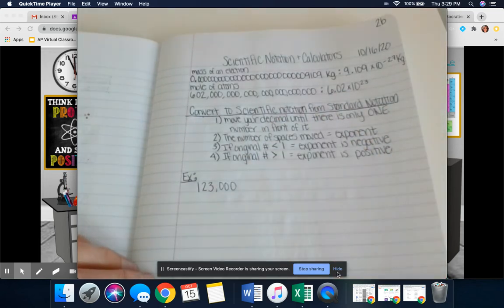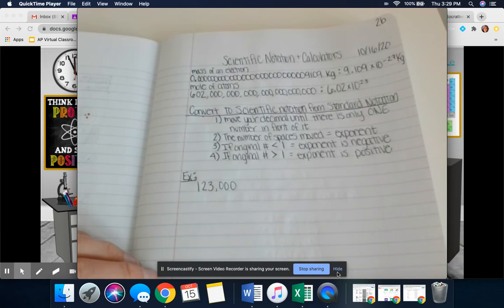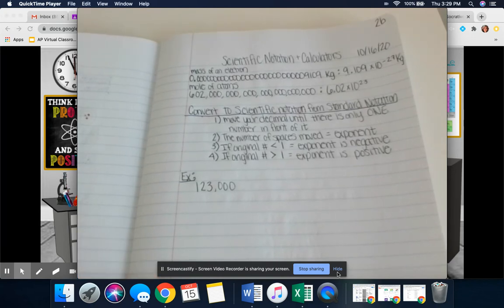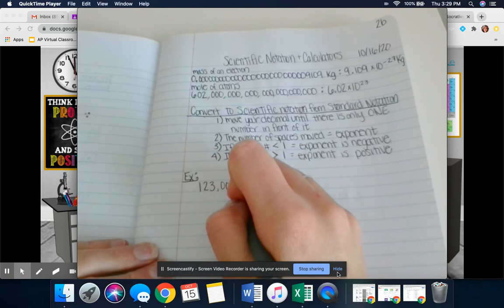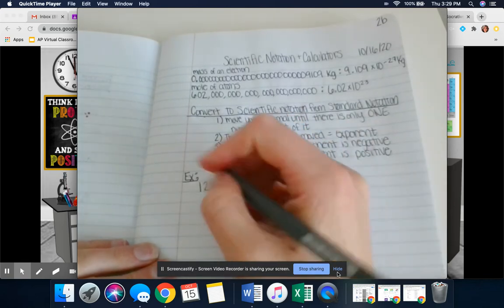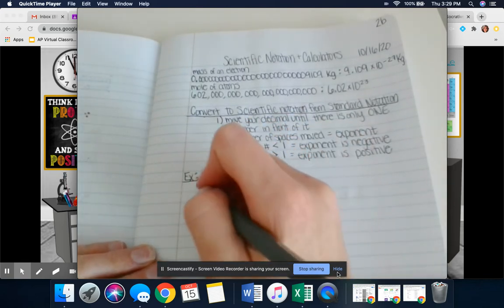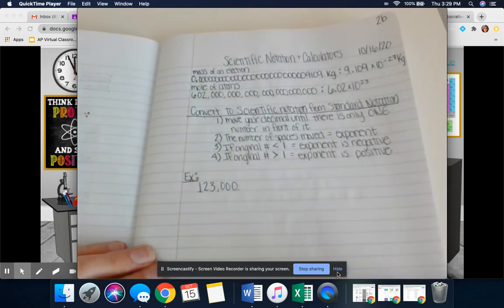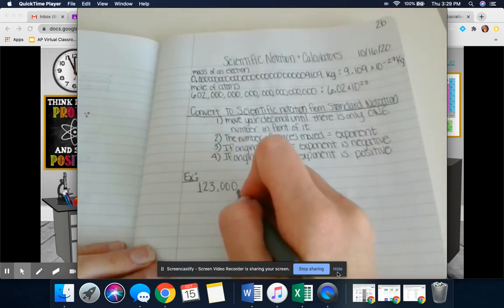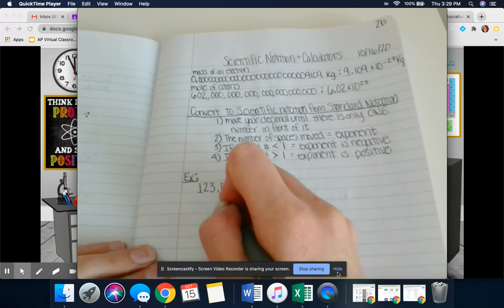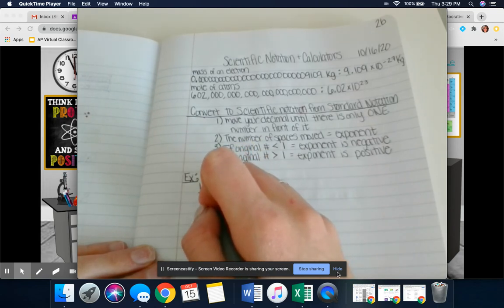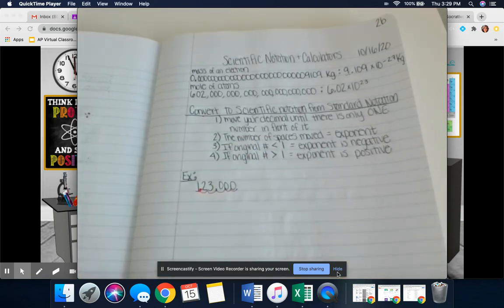So remember, even though there's not technically a decimal present, you can assume in a whole number that your decimal's at the very end. Okay, so we're going to move it until there's only one number in front of that decimal. So we would move it 1, 2, 3, 4, 5 times, and that's where I would put my decimal.